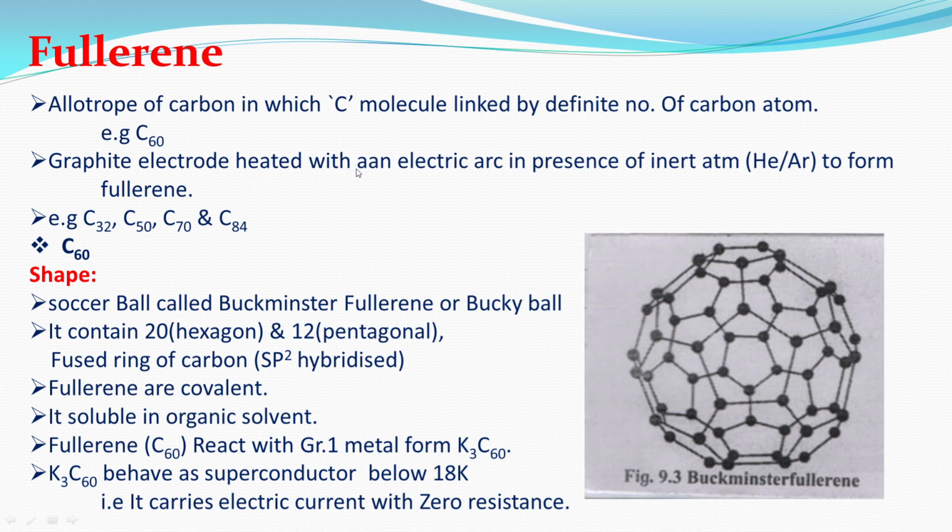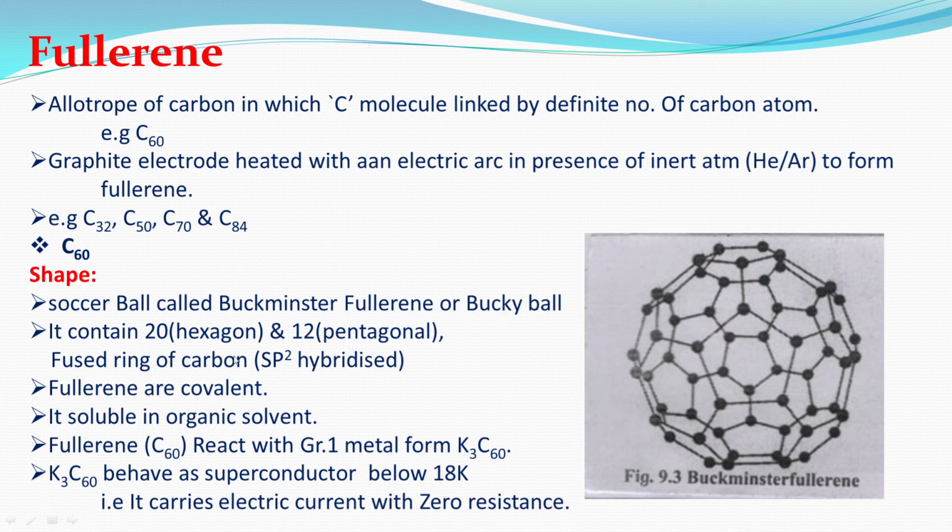A graphite electrode is heated with an electric arc in an inert atmosphere of helium or argon to form fullerene. Other examples are C32, C50, C70 and C84. We study C60, the soccer-ball-shaped Buckminsterfullerene.